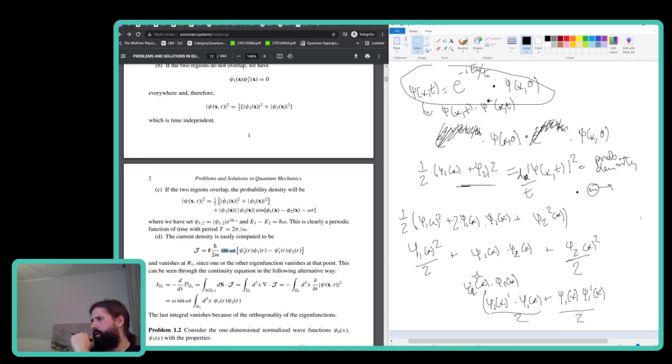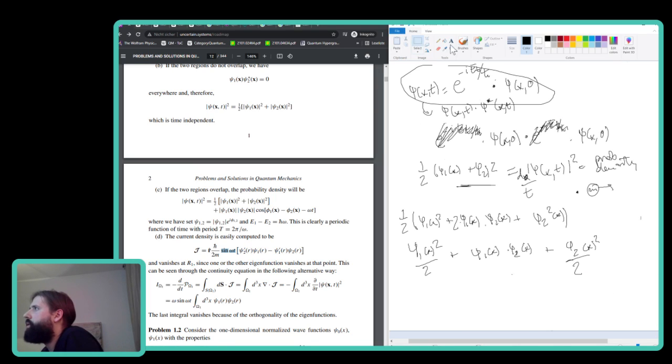So we have these things, and then if we work the, this is like saying this part here, right? So psi 1 x times psi 2 x times cosine of the angle between these, right?